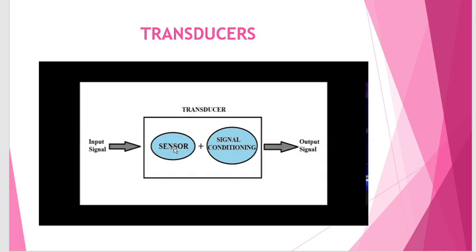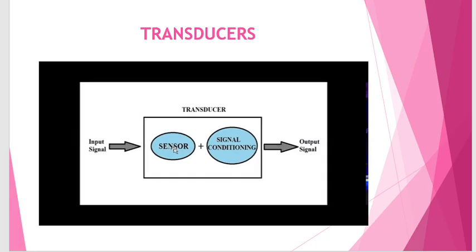Of course, it transforms a non-electrical quantity into an electrical quantity. For example, it converts a non-electrical physical quantity into an electrical signal, and also we can say that it provides an output response to a specific input measure, which may be in the form of a physical quantity. So this is the basic information about transducers.